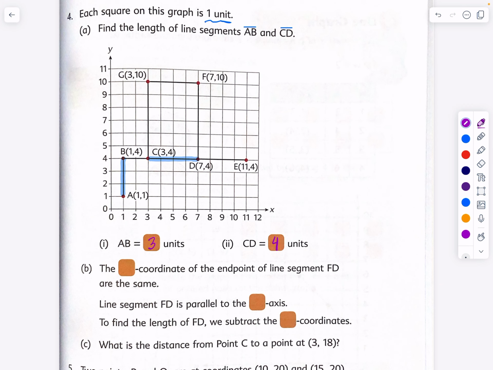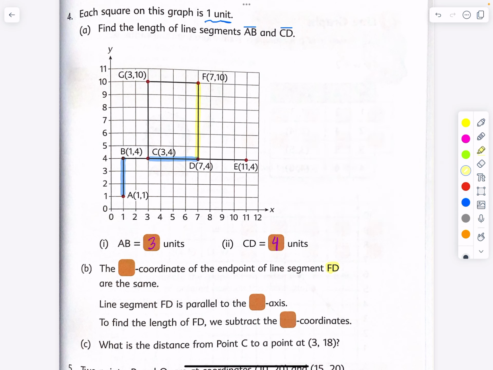Now, next question. The blank coordinate of the endpoints of line segment FD. Just like in geometry, first let's identify what we are talking about. Here is our vertical line FD. So the blank coordinates of the endpoints of line segment FD are the same. Let's identify what we have for FD.